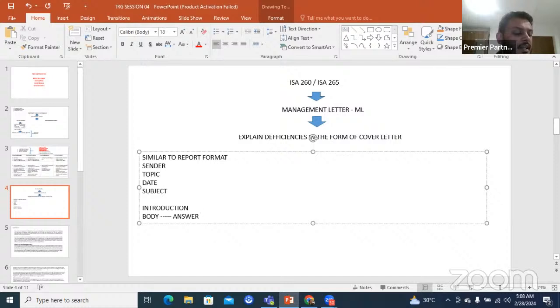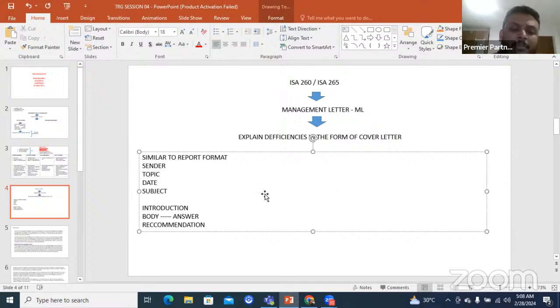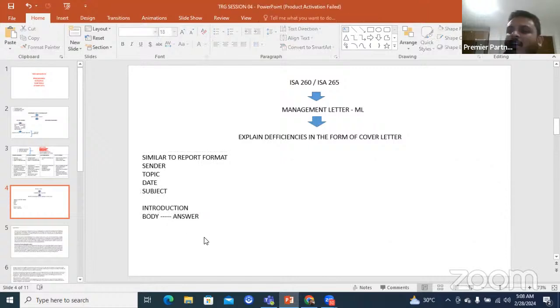If the question is deficiencies and recommendation, that is the body. Then finally, you should give a recommendation. And sometimes if the answer is deficiencies and recommendation, an overall conclusion is not required.